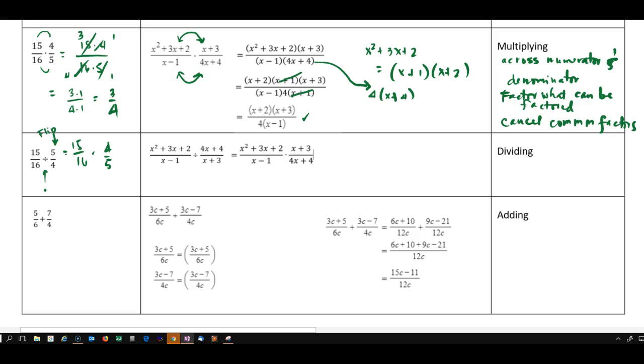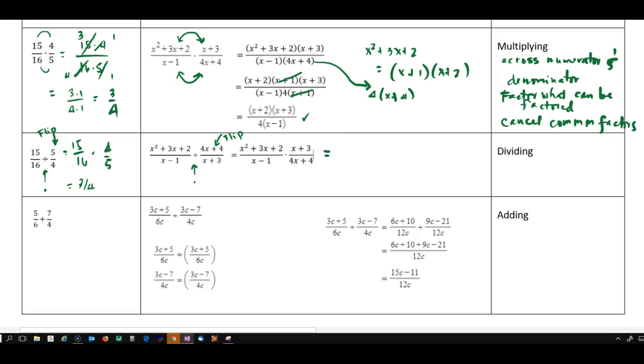Write it nicely, and that's actually the same problem as the one we just did, so we know the answer is 3 over 4.